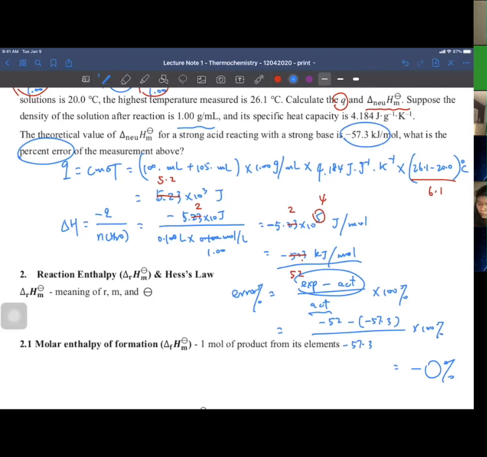What does that further mean? It should release so much heat, but your measurement only gave you 52, which means some heat is lost during the process. This makes sense because the coffee cup calorimeter is not 100% heat resistant, right? The value is supposed to be lower than your expectation.